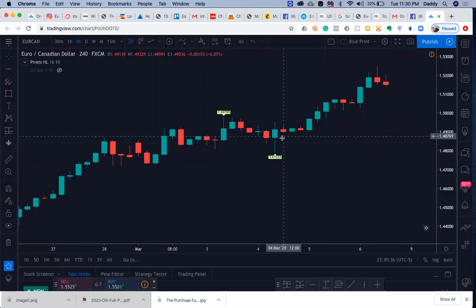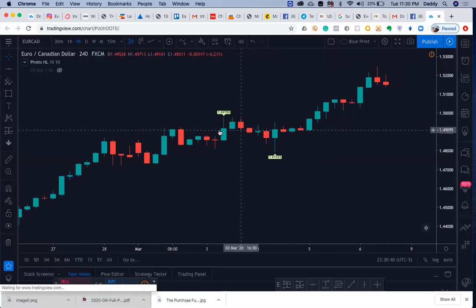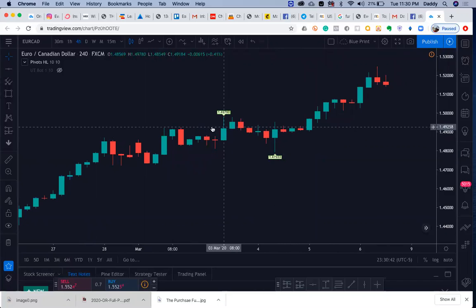So everything that preceded this candle closed below this candle. This closed below this candle. Everything preceding this candle closed below this candle. Therefore, this was the highest point.